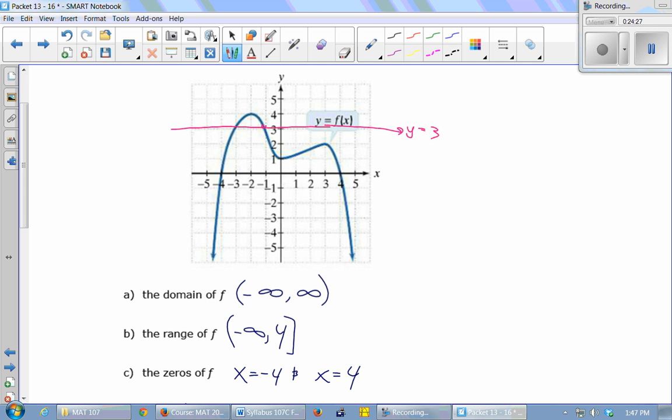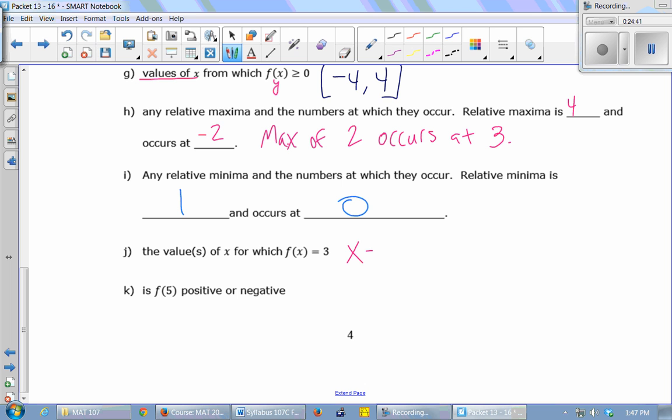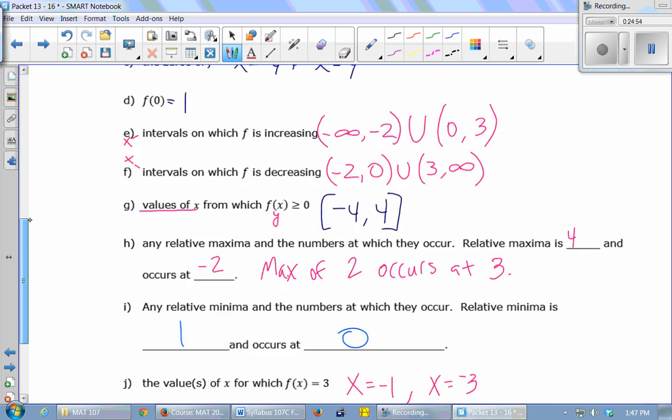And it intersects my graph in 2 places, -1 and -3. So those are the 2 x values that make f of x equal 3. That make sense?